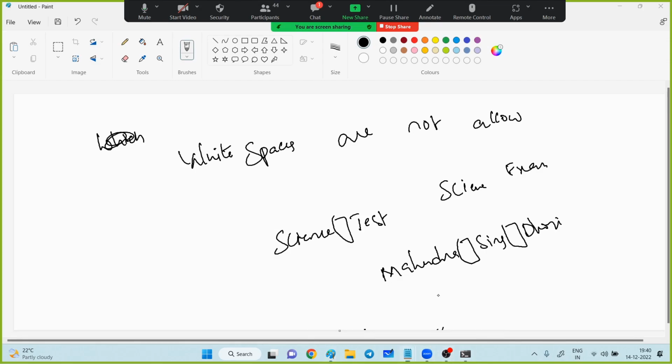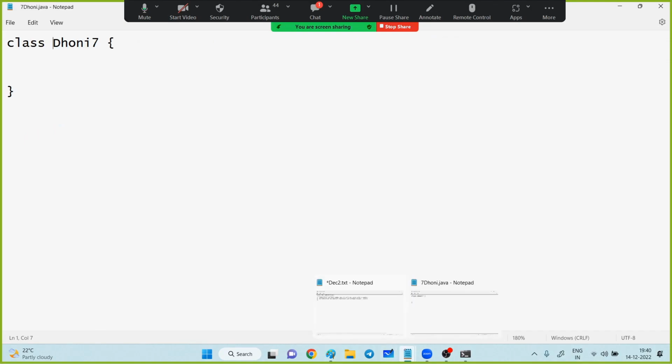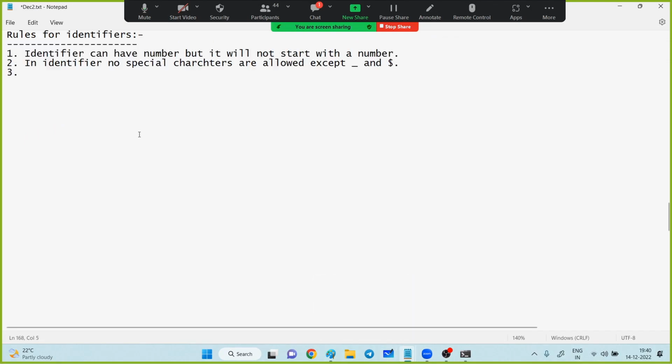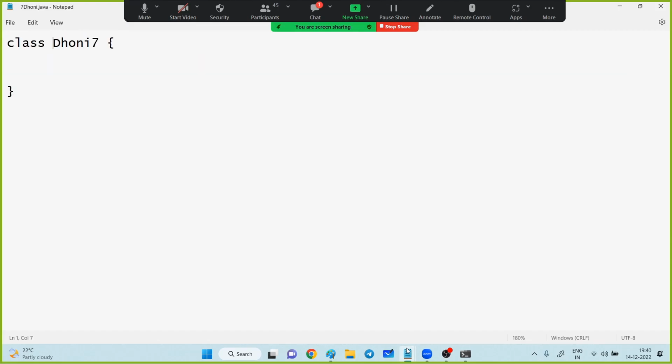Now see here the same. First I will write the definition point here, then we'll see the example. White spaces are not allowed. Now see here, I'm giving Mahendra Dhoni with all the white spaces.